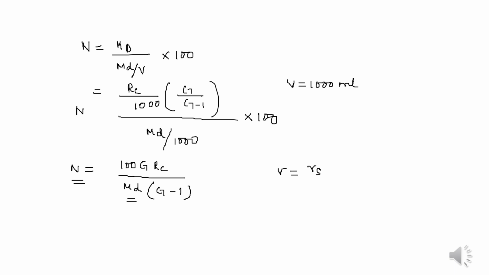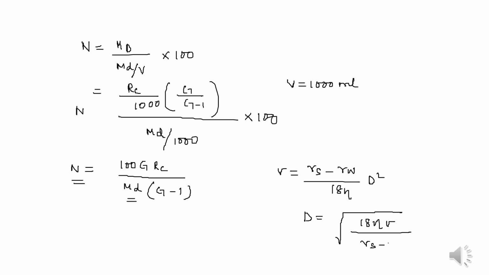So we have given the equation of terminal velocity equal to unit weight of solids minus unit weight of water divided by 18 eta into d square. Therefore simply making d the subject of the formula, d is equal to root over 18 eta into v divided by gamma s minus gamma w.